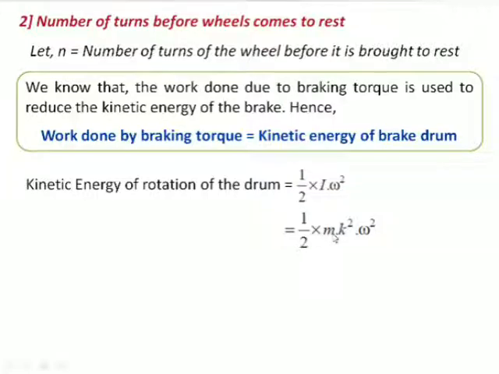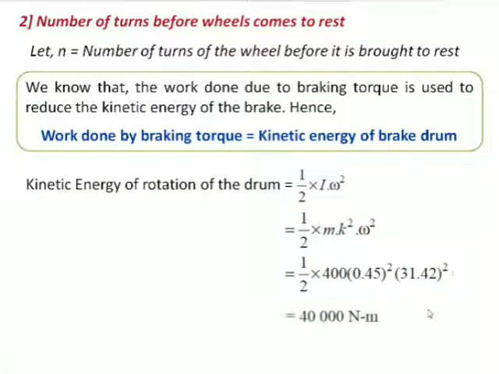So therefore finally the kinetic energy of the brake drum will be given as half of m k square multiplied by omega square. Let us substitute those values. Here mass is in kgs, radius of gyration is in meters, and omega is in radians per second. Therefore finally we get the answer as 40,000 Newton meters.